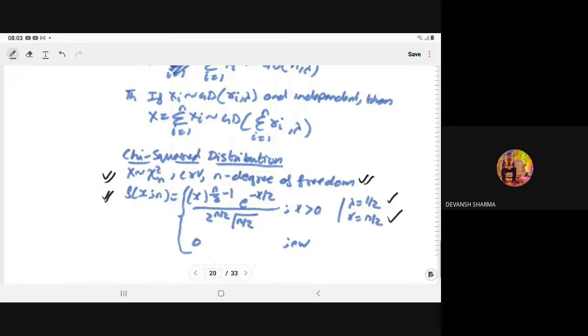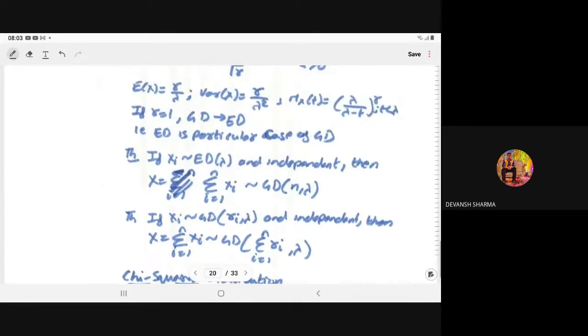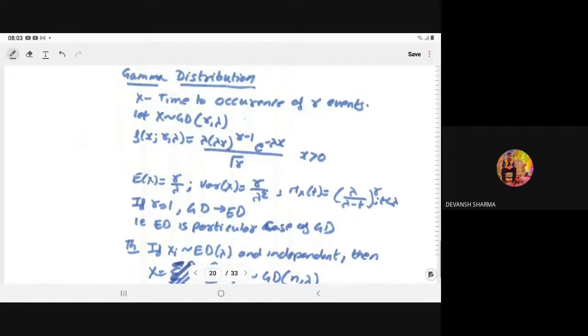You will get the pdf as x to power n by 2 minus 1, e to power minus x by 2, upon 2 to power n by 2 gamma of n by 2, when x is greater than 0, otherwise it is 0. So just in this pdf you put lambda equal to half and r equal to n by 2.